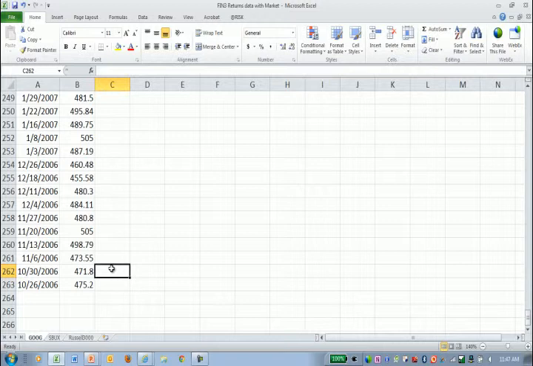So if we looked back and saw what Google was selling for at that time, that's what it would be selling for. So what would be our return? Well, it would be this minus this divided by our original investment. So we would have lost, in percentage terms, 0.7% that week, right?